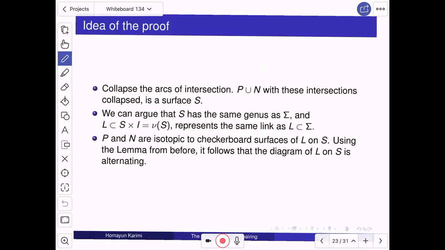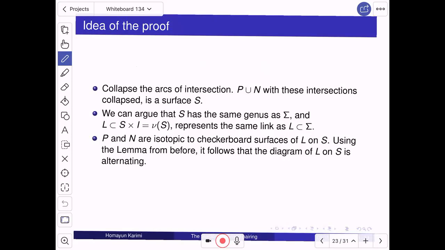Now, what we do is look at the union of these two spanning surfaces, and inside that union, we collapse those arcs of intersection to points. You can prove that the result is another surface S, and that this surface has the same genus as the surface sigma that we started with.